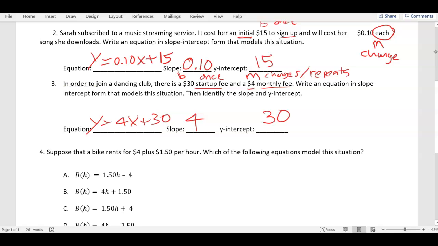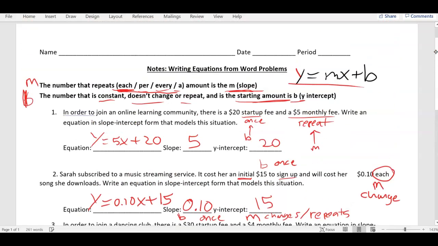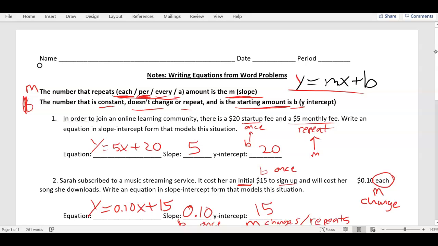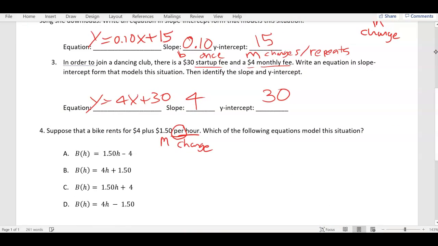Number 4: suppose that a bike rents for $4 plus $1.50 per hour. That's the changing or repeating word. Again, per is a keyword that you know has to be the slope. And you pay that $4 once, so that's the b.